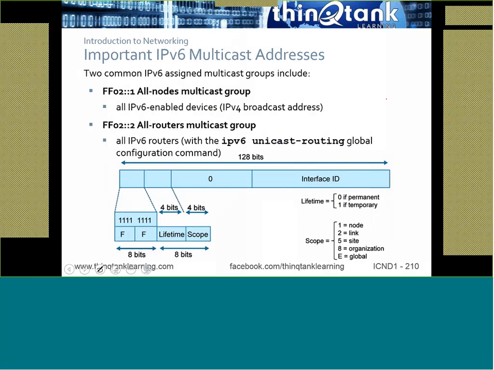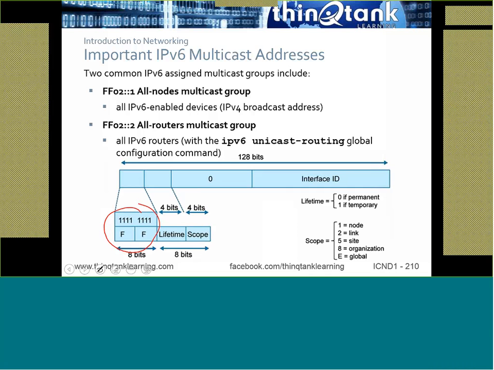Multicast, as I mentioned, I'm not going to spend a whole lot of time on this slide, but all multicast addresses in IPv6 start with FF. Every single IPv6 multicast address starts with FF. Just like in IPv4, we have a range of addresses reserved for multicast, we do in IPv6 as well.